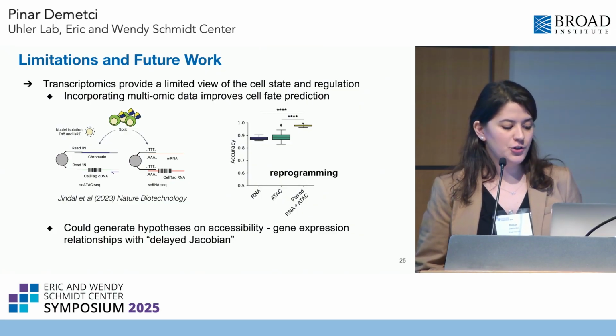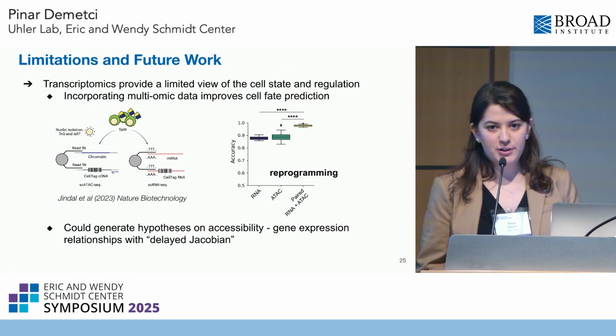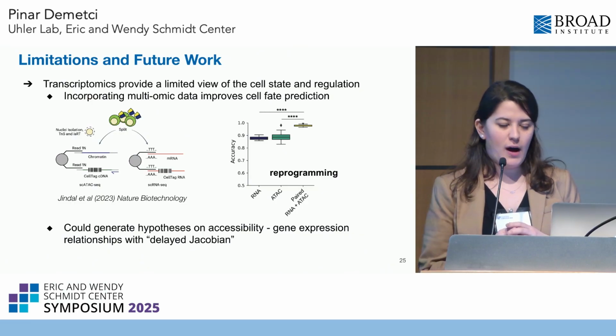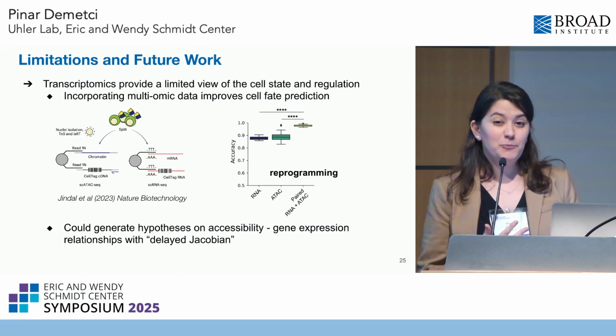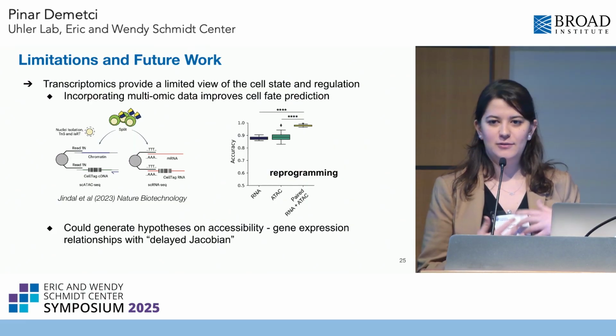And we could also generate hypotheses on accessibility gene expression relationships by looking at the delayed Jacobian, so the partial derivative of the ODE after integrating it for a while. And that could give us insights into potentially new interactions that we may not have in curated data sets.